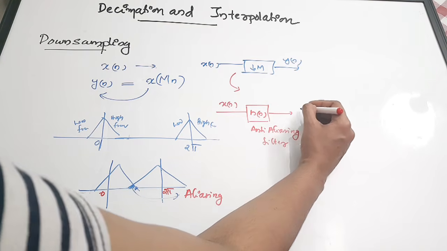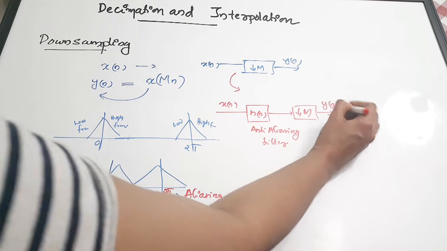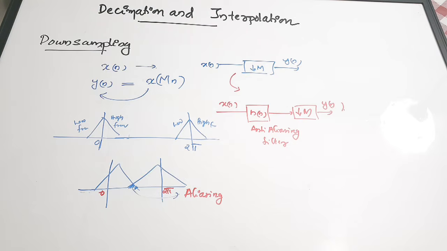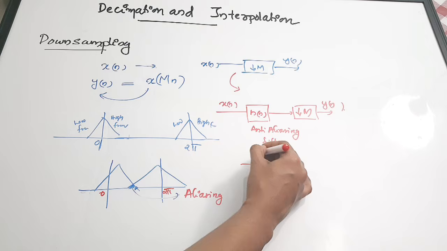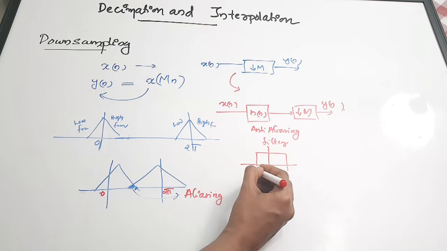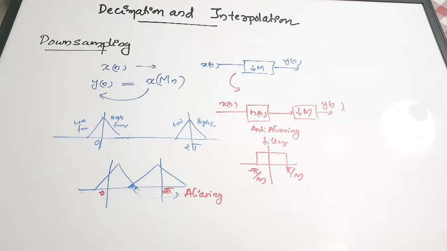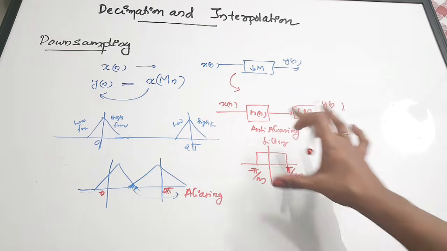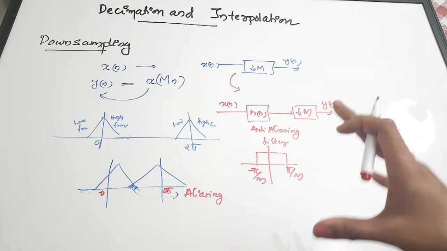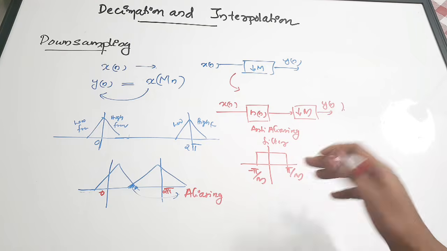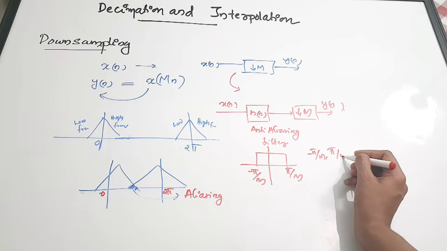Then you give your data to the downsampler. Then you get your y of n. The frequency response of this anti-aliasing filter will be like this, from minus pi by m to pi by m. The purpose of this anti-aliasing filter is to band limit your original signal to minus pi by m to plus pi by m.